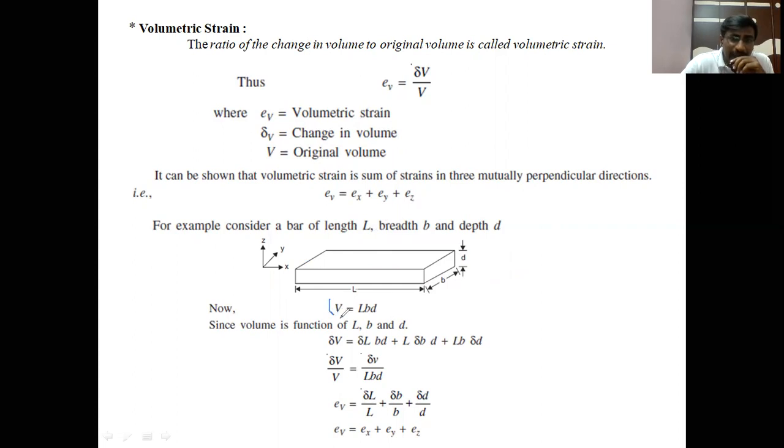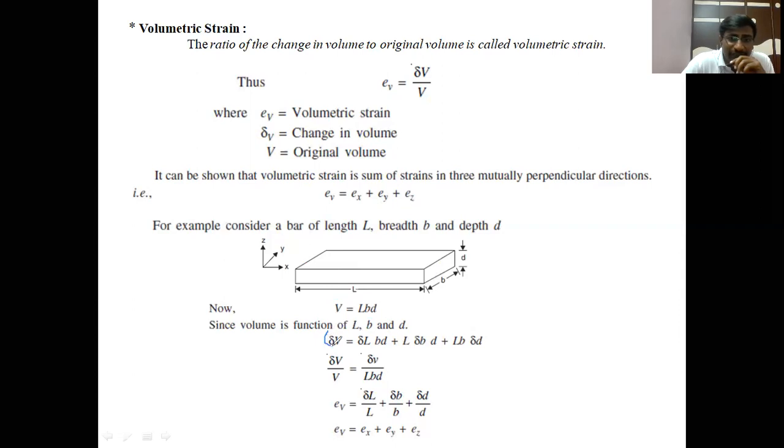Let us take the volume of this member as L into B into D, length into breadth into depth. Since volume is a function of length, breadth and depth, let us differentiate this equation on both sides.